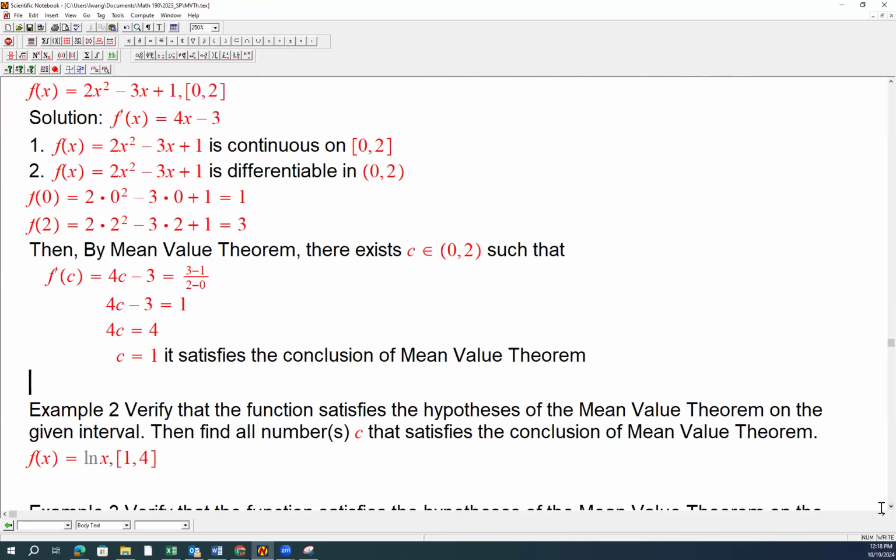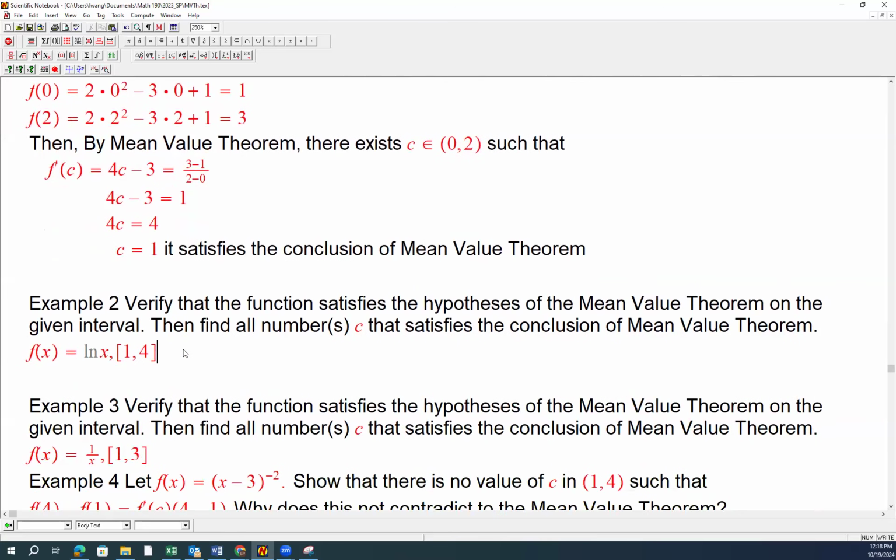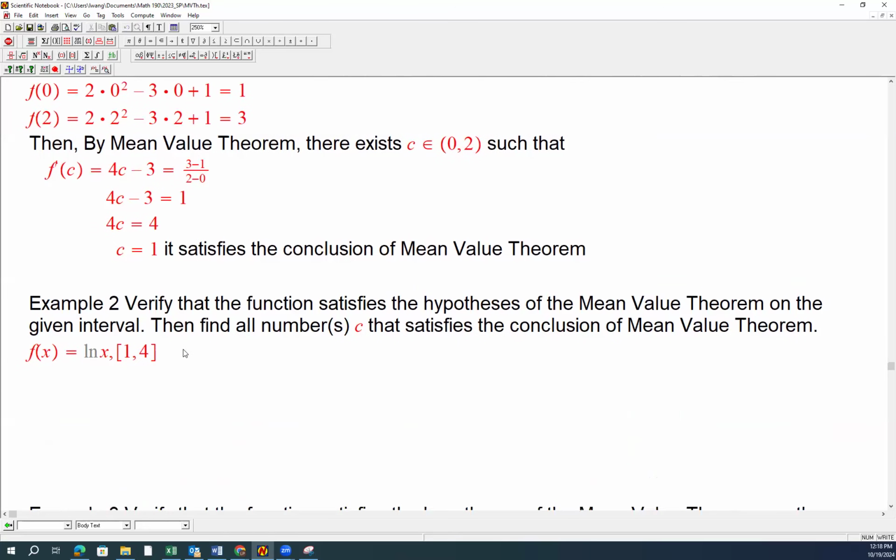All right, the second question is that we have a logarithm function.